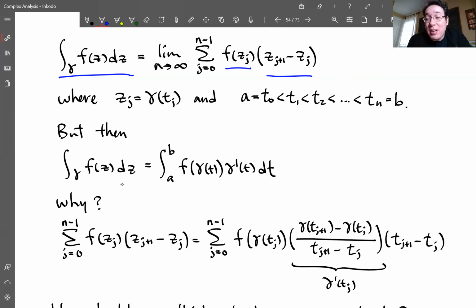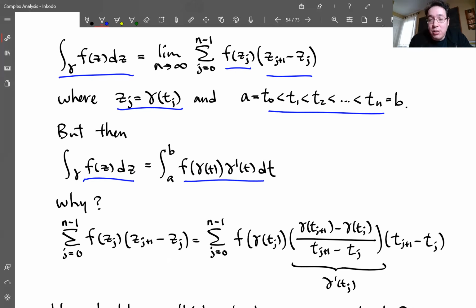Okay, so a very similar definition to the Riemann integral that we had before. The intermediate points are gamma evaluated at those t_j, intermediate real time variable.